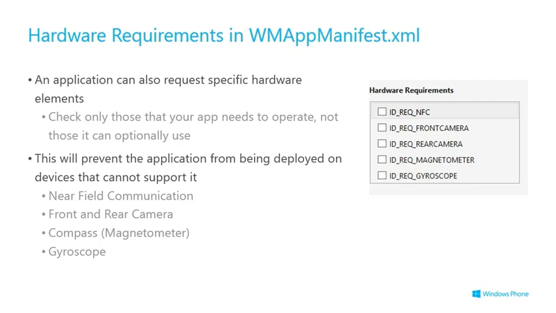If you check NFC and your application absolutely needs NFC, and otherwise it won't operate, and somebody on a phone that hasn't got NFC tries to download that application, then they won't even see it when they're browsing the store. It won't be there because it's used to filter the ones that are shown in the listings. So these are ones that are absolutely required by your application, not ones that you might optionally use.